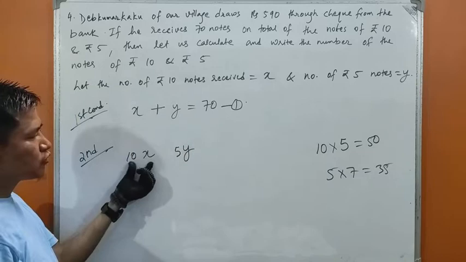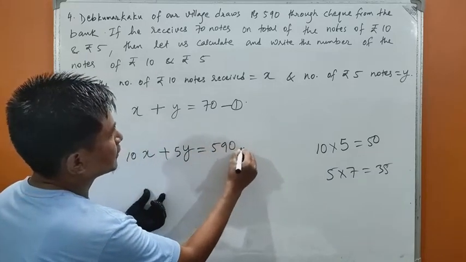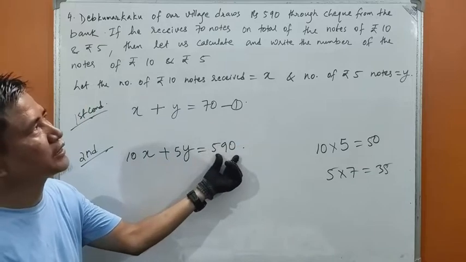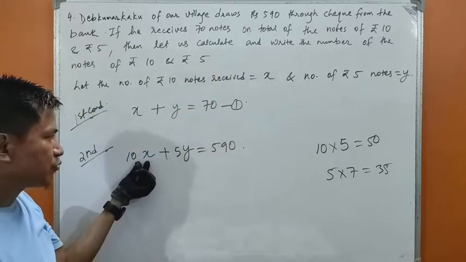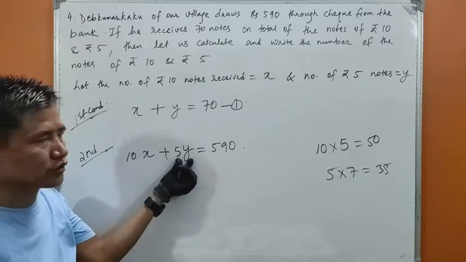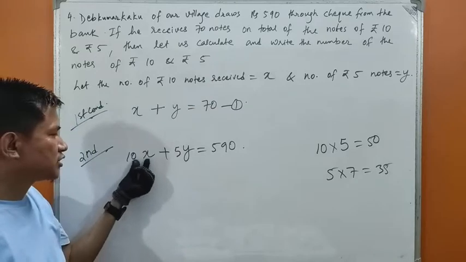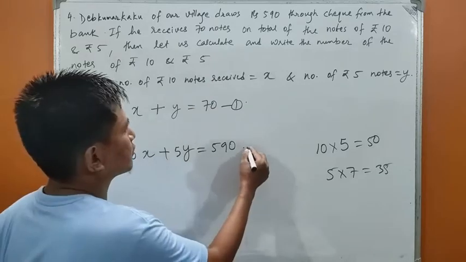So the total amount of money is how much? Rupees 590. Are you getting me? The amount of money from 10 rupee notes plus the amount of money from 5 rupee notes equals the total amount of money, that is 590, isn't it?